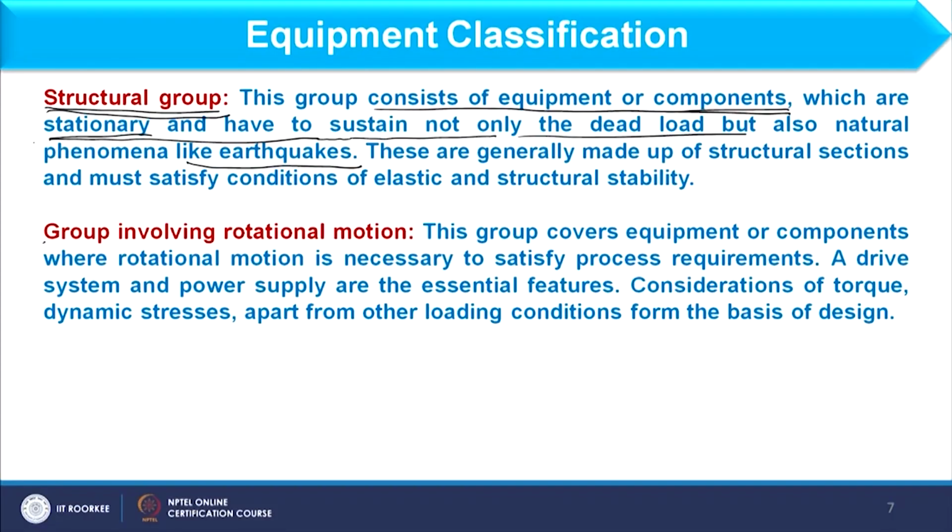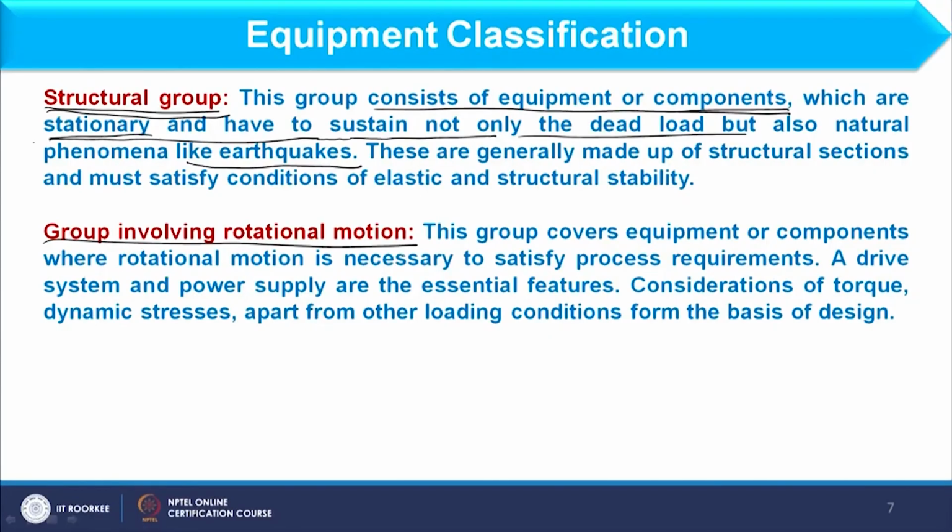Now, the third group I have is the group involving rotational motion. Okay. So, what does this rotational motion mean? While carrying out certain processes, some equipment may need some rotation. So, once rotation is carried out, then the reaction or whatever processes are occurring will occur simultaneously with the rotation.